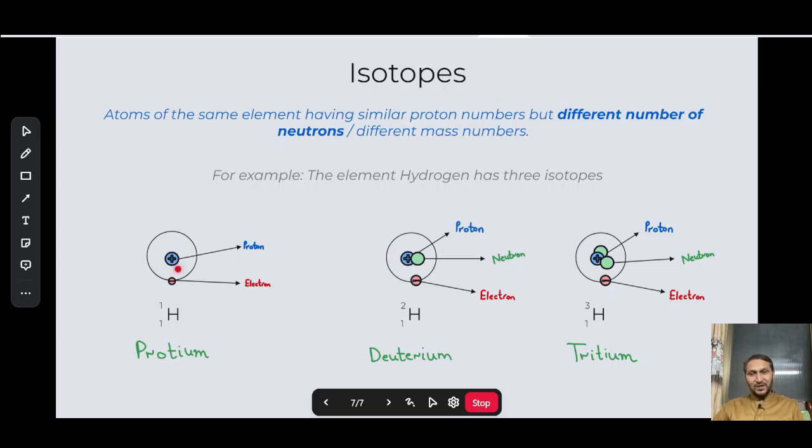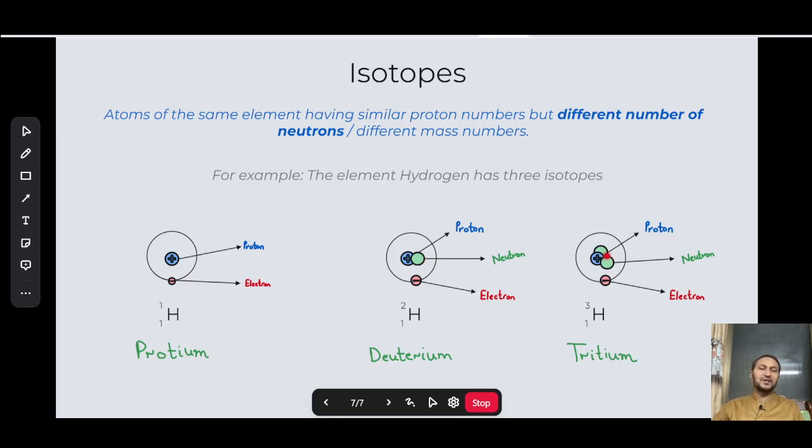This most common hydrogen has no neutron in the nucleus, 0 neutron. This other isotope of hydrogen has 1 neutron, and this another isotope has 2 neutrons. So the difference is in the number of neutrons.